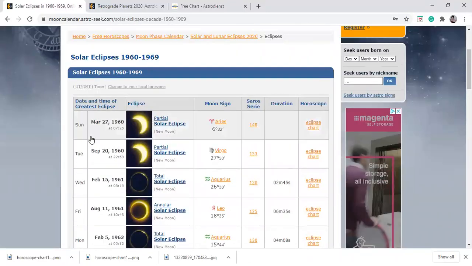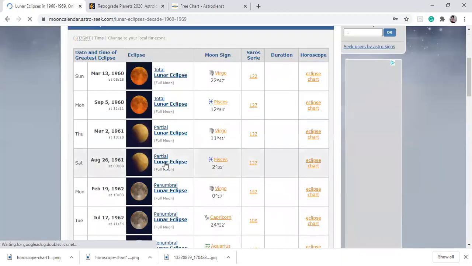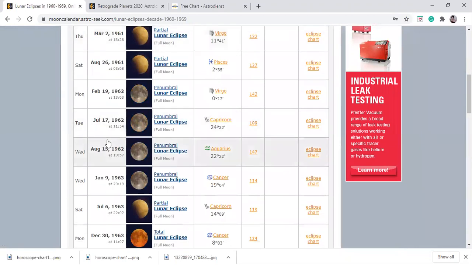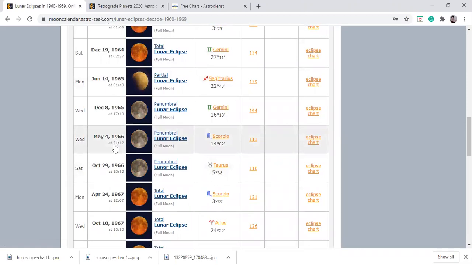Then if we go to the bottom here, we can see lunar eclipses, and I would click on 1960 to 1969 because I was born on 21st of May 1966. Then we would look at where my prenatal lunar eclipse fell, and we scroll down the chart again, and we've got one that was on May 4th, 1966, and for me that was in Scorpio.